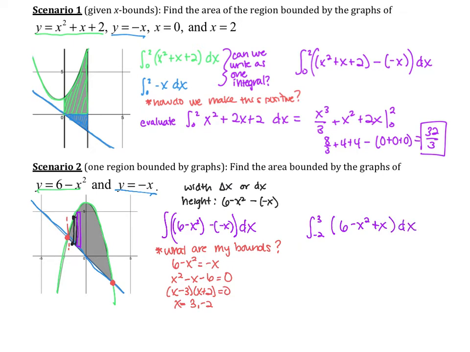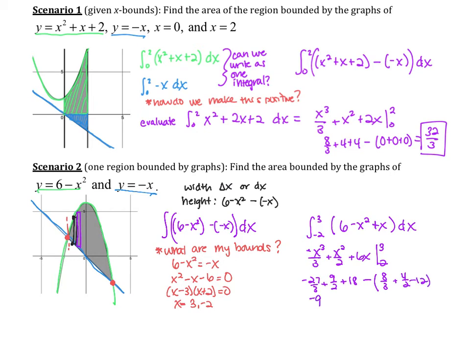All right, let's evaluate this. I'm going to get negative x cubed over 3 plus x squared over 2 plus 6x, evaluated from negative 2 to 3. Plugging in 3, we get negative 27 over 3 plus 9 over 2 plus 18, minus, let's plug in negative 2: negative 8 over 3 plus 4 over 2 plus negative 12.